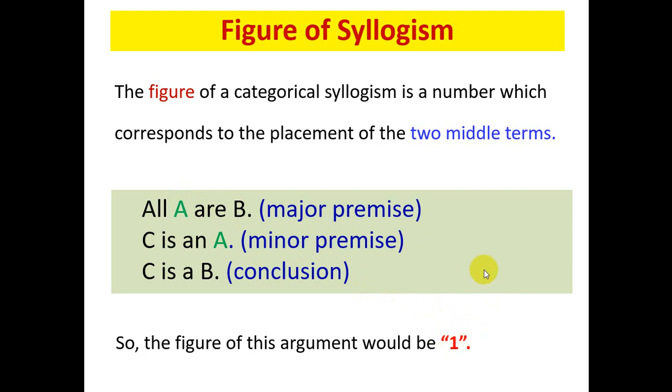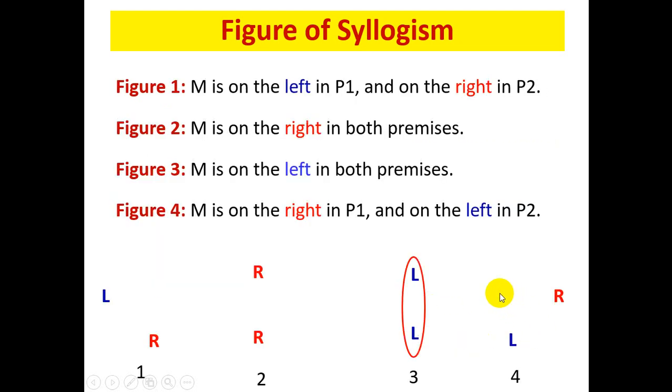But what about the other formats of the middle terms? Let's tackle this. Look at this shape, from upper to lower, from left to right. This position is called figure 1. But what about the rest of them?